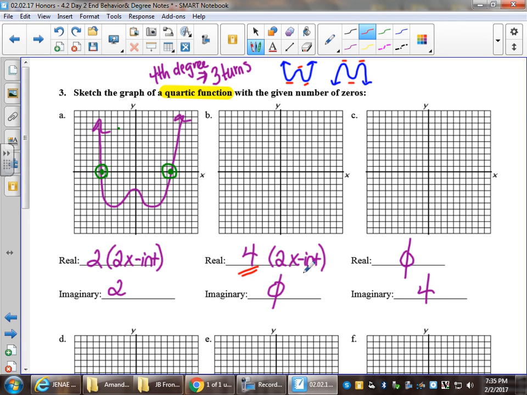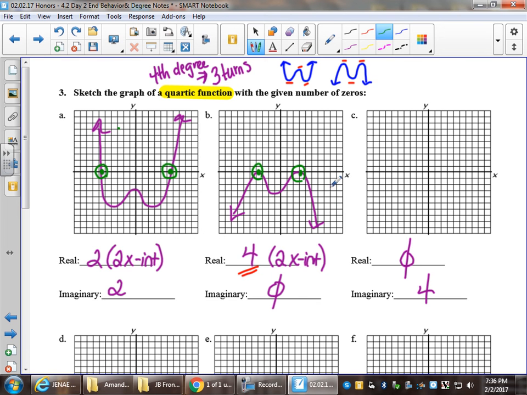So this is an example where we're going to have repeated zeros, meaning it's only going to touch twice. 1, 2. So these are both repeated zeros.